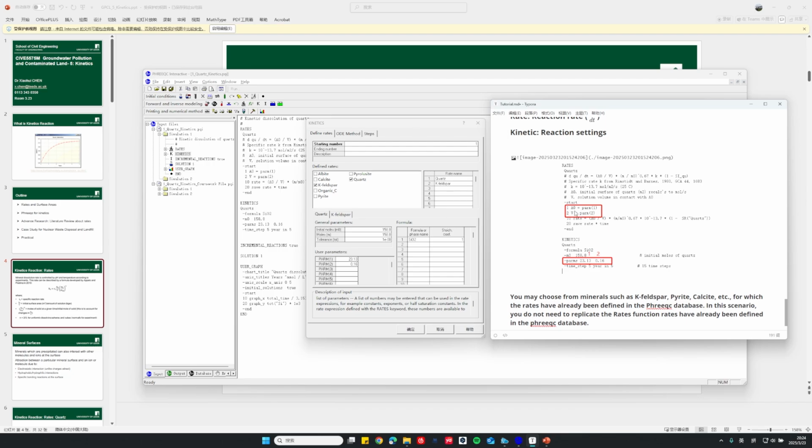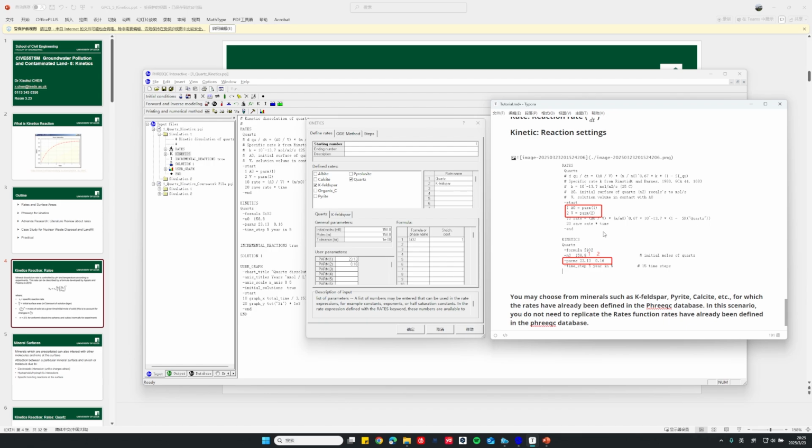In the rate, we can see AO goes to parameter 1, and V goes to parameter 2, and the AO and the V are used in the later calculation.